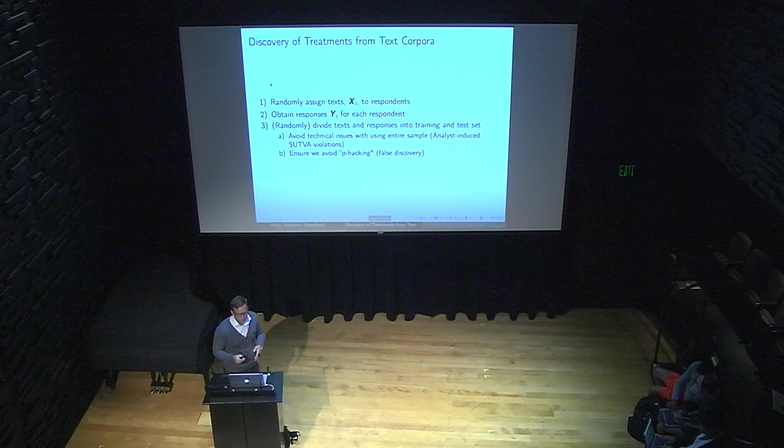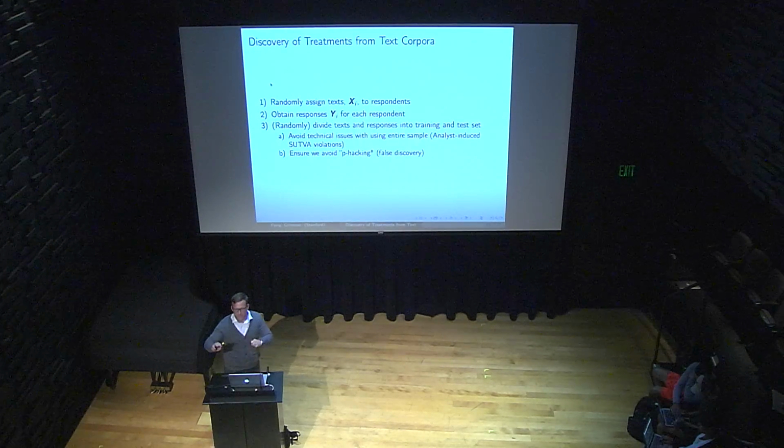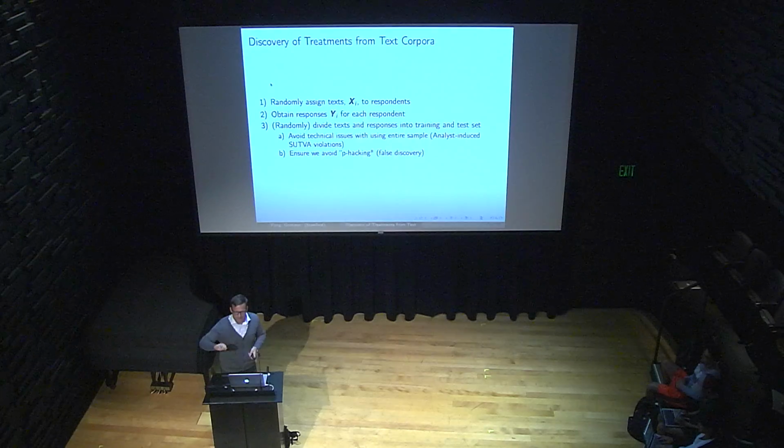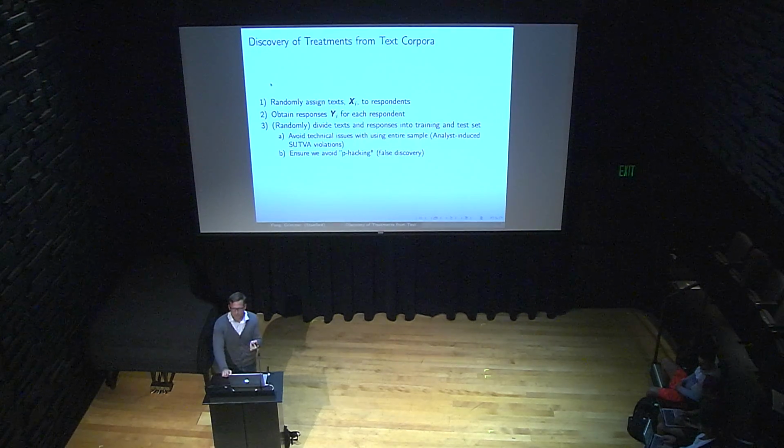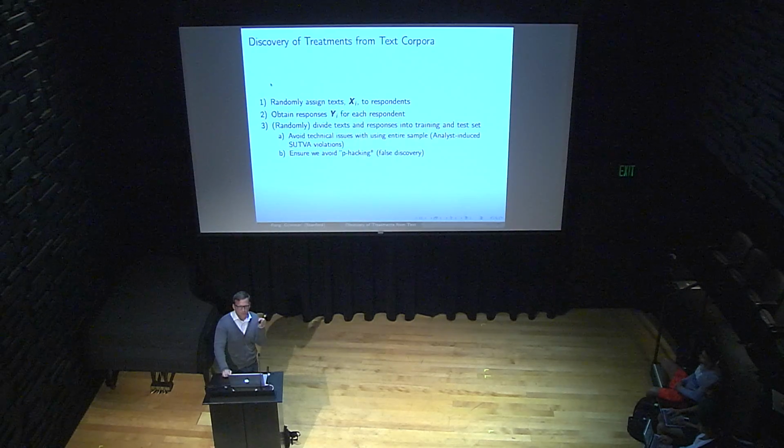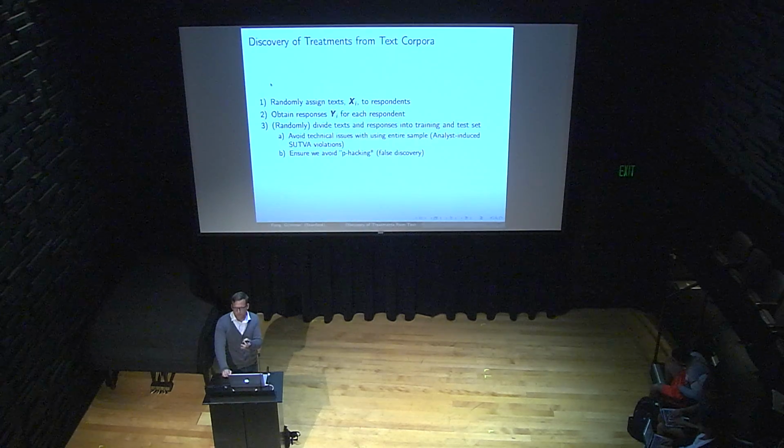But there's a different issue which I think is much more plain and pervasive across a lot of other designs. And that is that we'd like to have some safeguard to avoid p-hacking or false discovery in general.